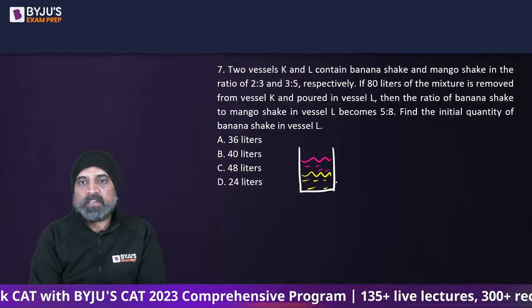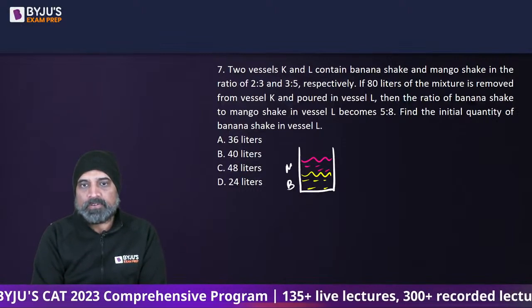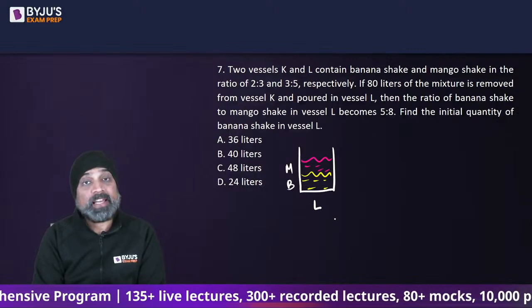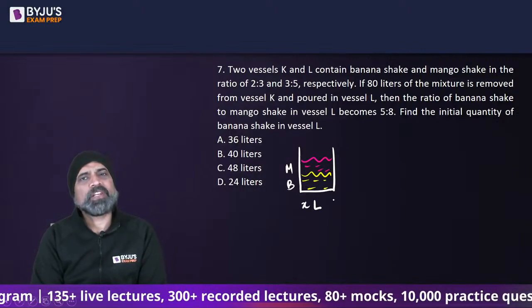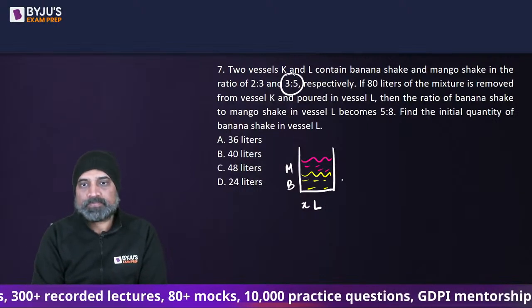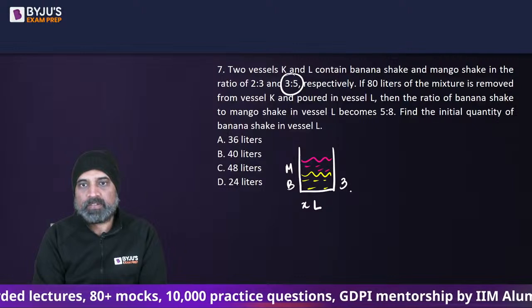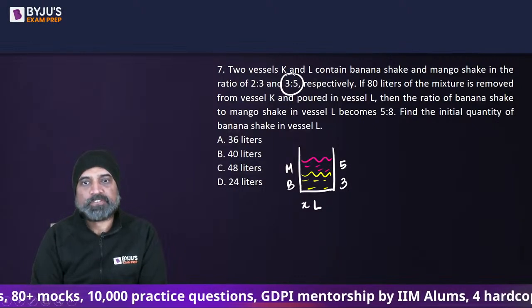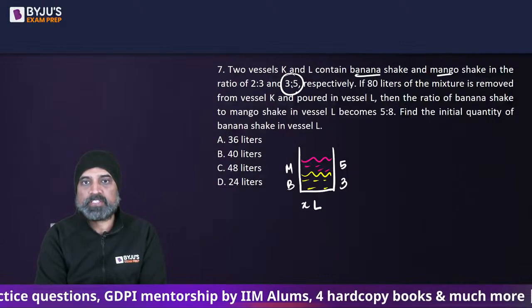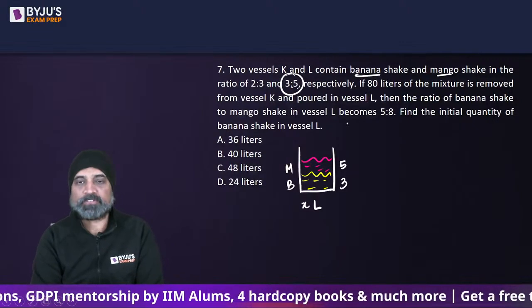We are talking about L, and it has a volume of, let's say, X liters. So banana part is 3 and mango part is 5, right? Banana is the first one, so that is 3. Mango is the second proportion, so that's 5.